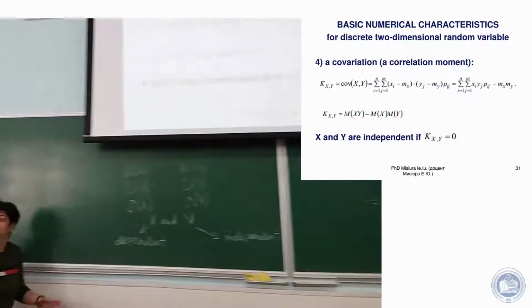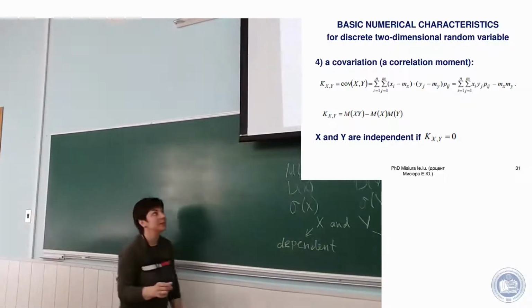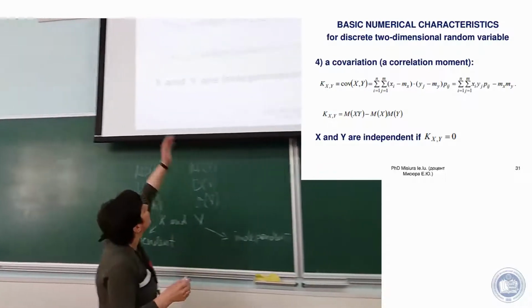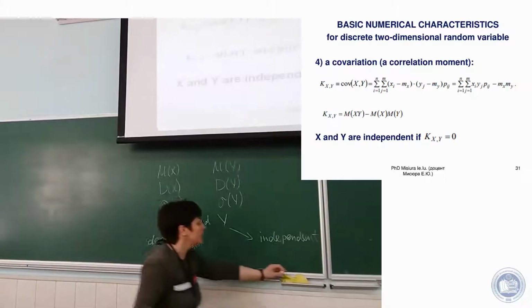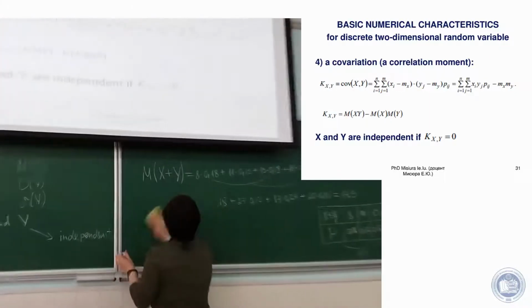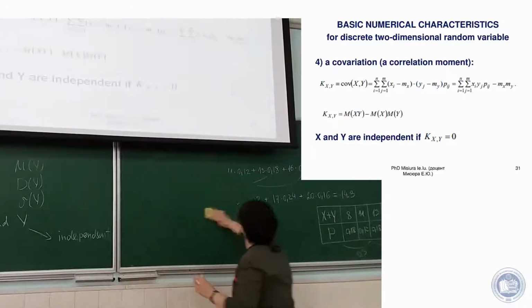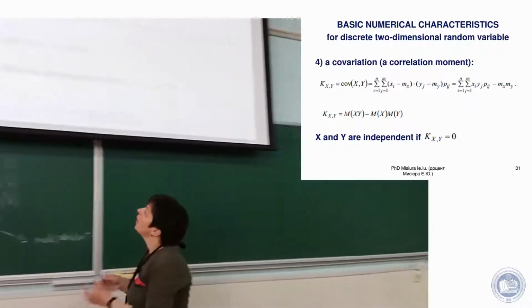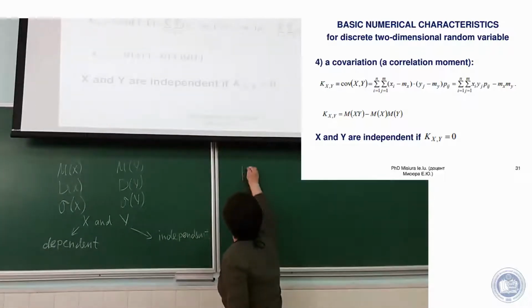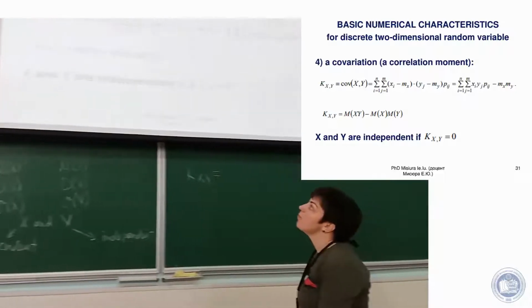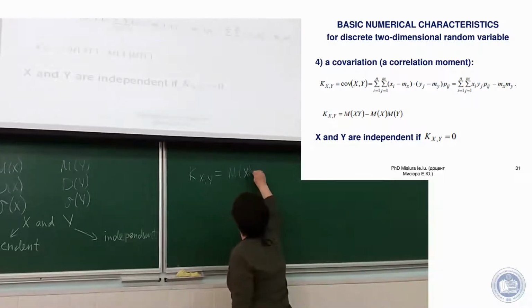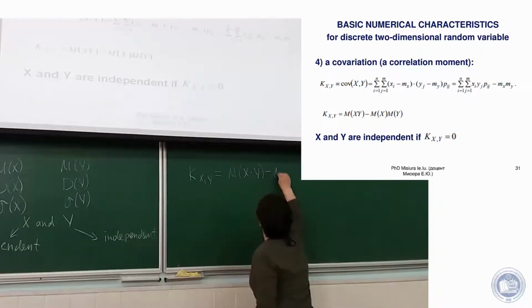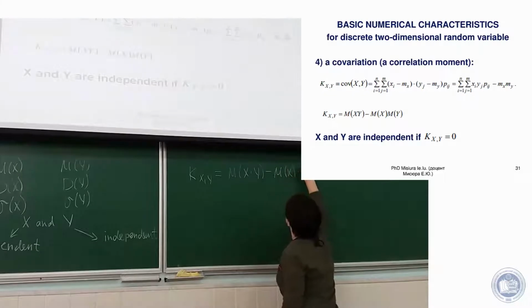In order to check dependence or independence, you can use the next coefficient, which is called covariation. Please copy out covariation. This value k xy equals m of xy minus m of x times m of y.